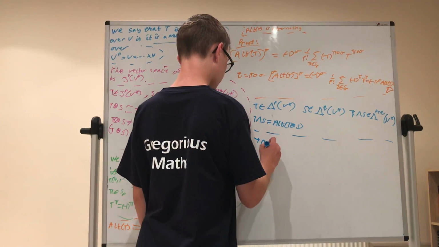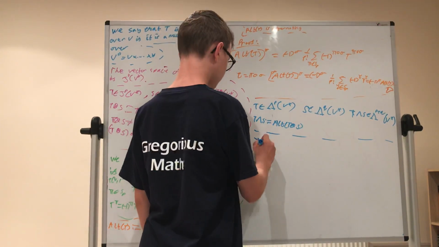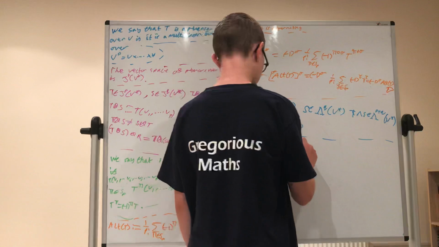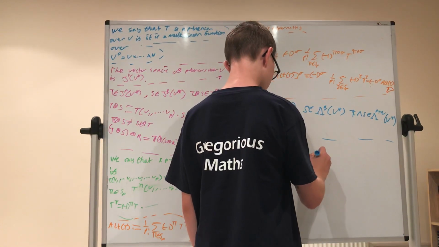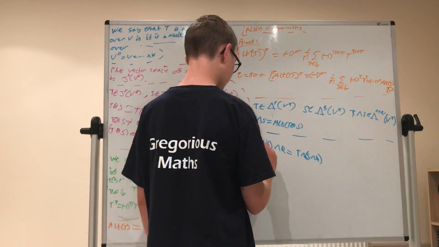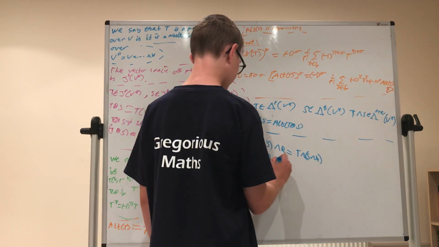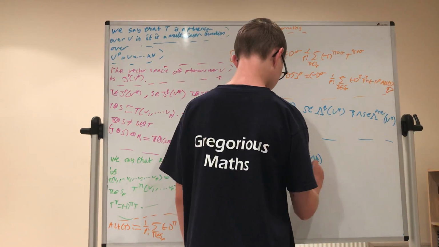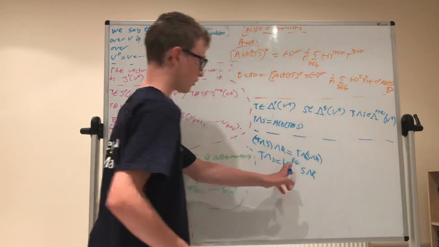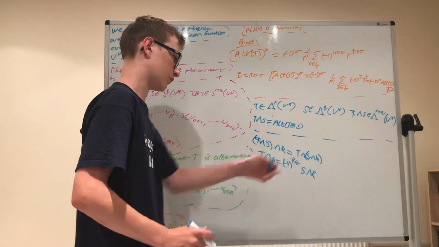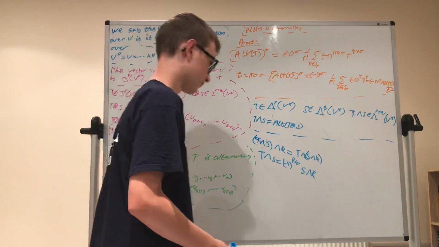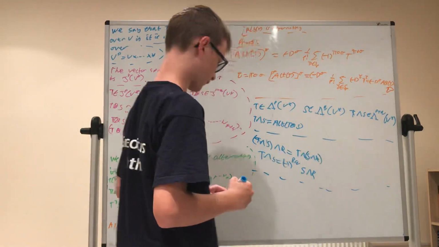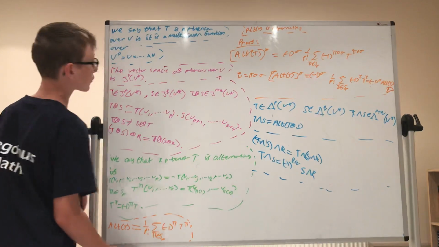Essentially, the wedge product is associative, and it's anti-commutative, so T wedge S is equal to -1 to the PQ S wedge T, where of course T is a P tensor and S is a Q tensor. Okay? Yeah, that's enough exterior algebra for understanding integration on manifolds, so we'll move on.